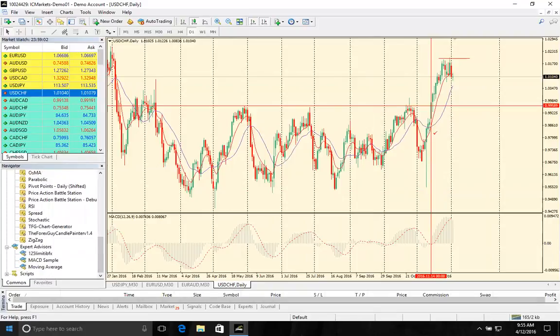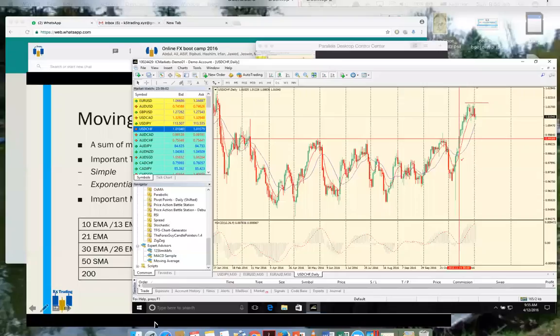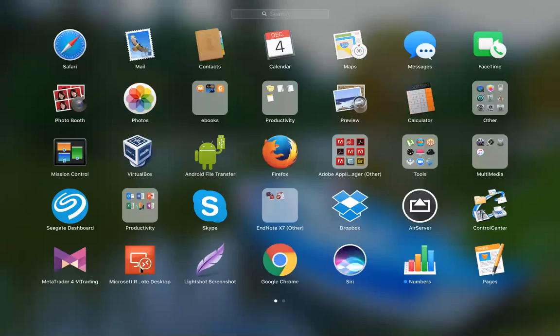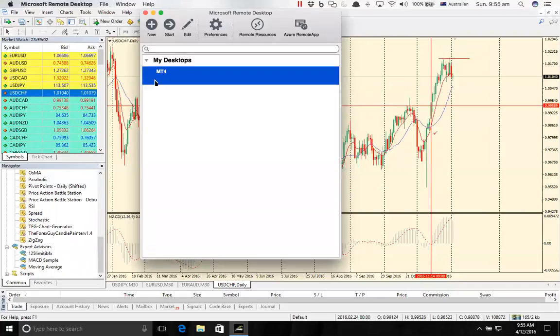I'm going to find that program during the lunch, during the first break, because it's running in my server. I actually can show you the server. So this is my virtual machine running in Canada, where all those signals are generated.